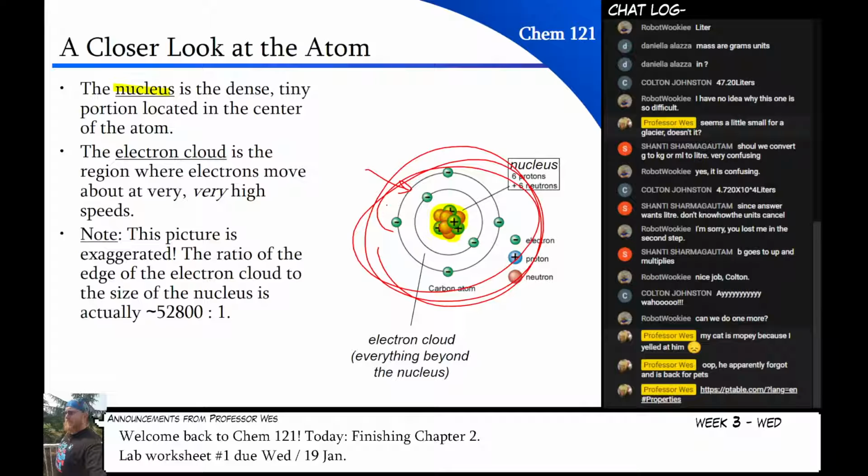The actual ratio of the size of the nucleus to the electron cloud is 1 to 52,800 or so. In other words, if this red circle right here is my nucleus, and it's about 2 or 3 inches in diameter, my electron cloud would actually go 52,800 times further away, which would be on the order of miles.